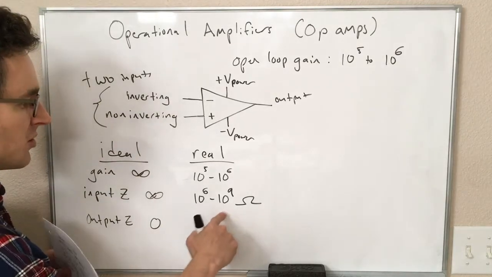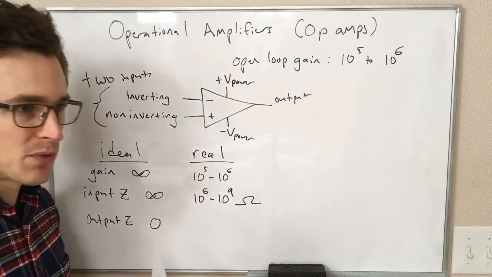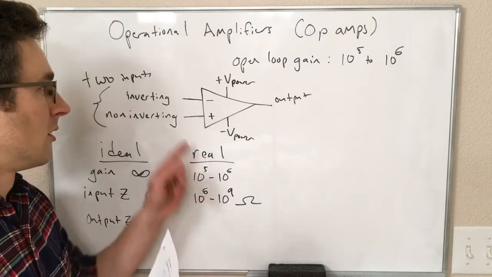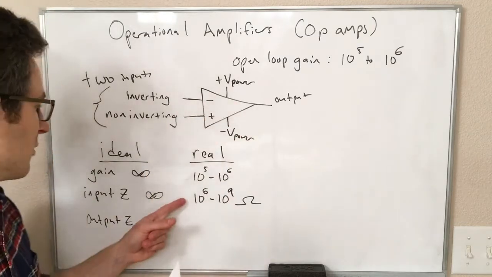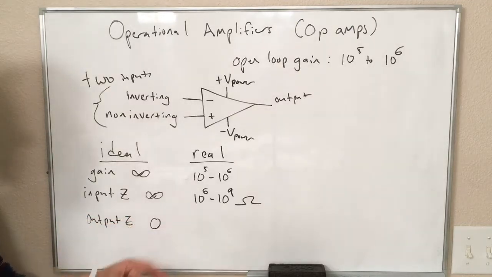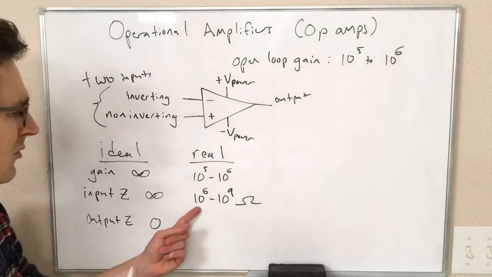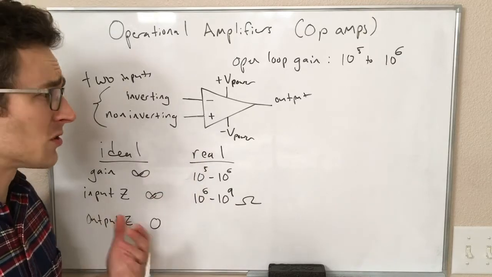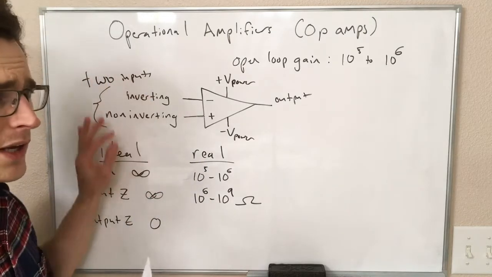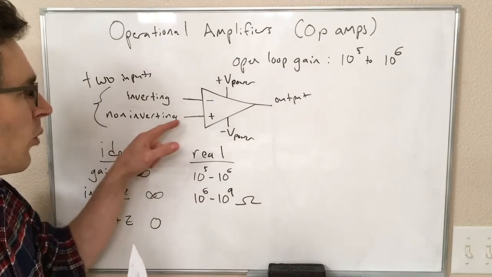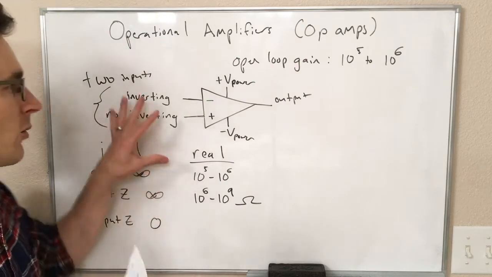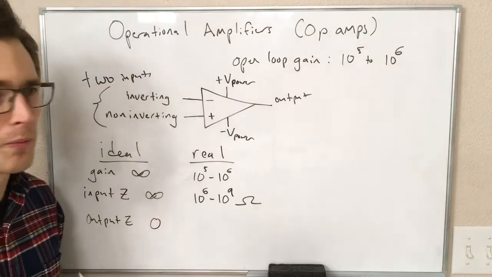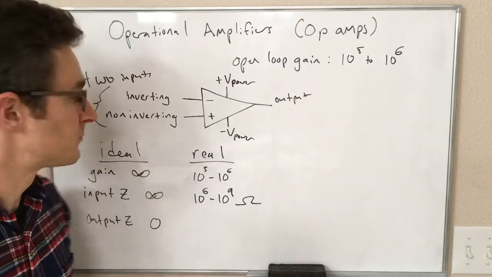This definitely depends on things like frequency and temperature, and on what flavor of op amp you buy. So if you care about tiny input currents, that might be something to care about. But even a mega ohm at the input is, for our purposes, so much higher than any other resistances we're likely to be using. Whatever current is flowing in this input is not going to change anything over here.